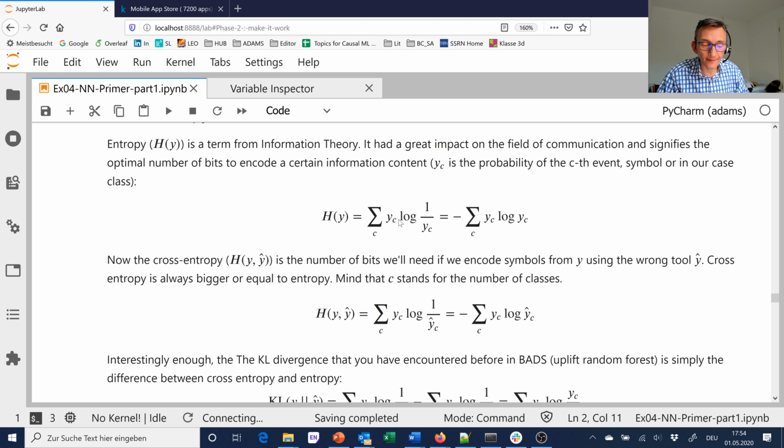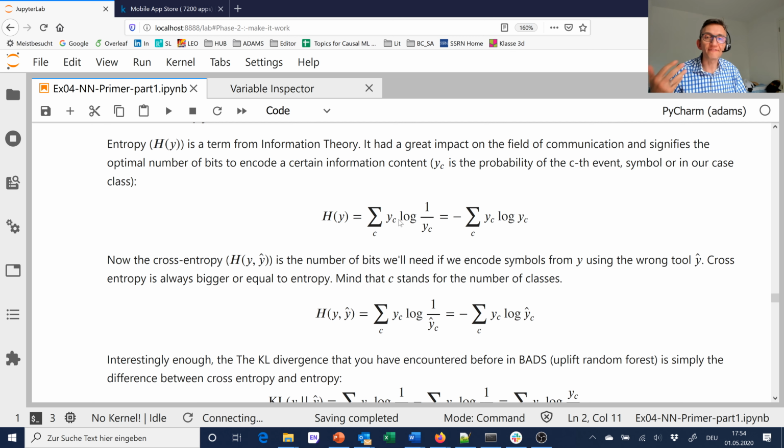And it's a concept that has its origins in the field of information theory. It's very important in signal theory. And this function, the entropy, well, I don't want to go into too much detail, but it allows you to calculate the number of bits that you need to encode a certain piece of information.